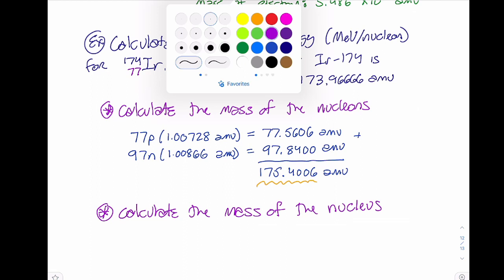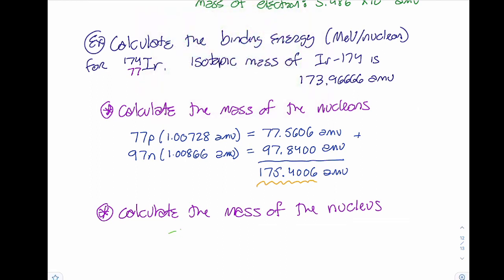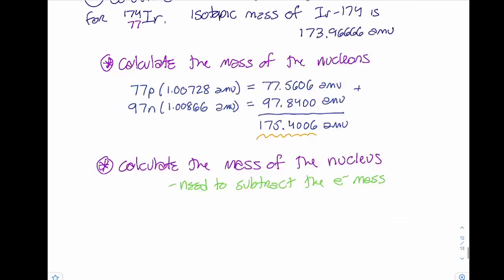What we need to do is subtract the electron mass. Remember, we've always said that electrons were pretty light, and often they're considered negligible. Here, we're not going to consider them negligible. We are going to acknowledge that the electrons do have mass, and we're going to subtract that mass from the mass of our atom to get the mass of our nucleus.